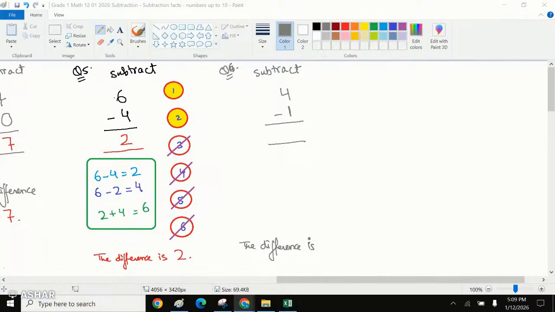If 4 fingers are open and you close one of the fingers. Yes, thank you for the answer. That means 4 minus 1 is 3. So you are left with 3. And we can say the difference of the two numbers is 3. Therefore, we can say 4 minus 1 would be 3, or 4 minus 3 should be 1. This is the subtraction fact, right?